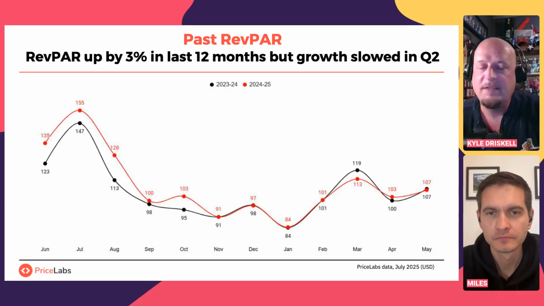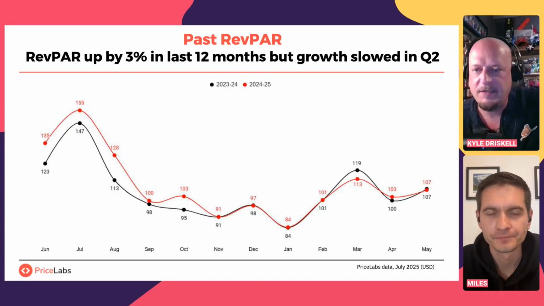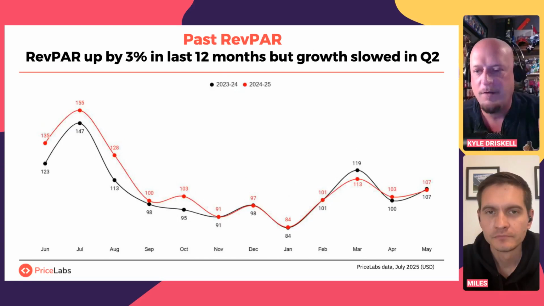That's a nice way to say, okay, I'm 50% booked, I know what my occupancy total is. But if you're 50% booked at a low rate, you would be able to compare RevPAR to your previous performance and really get a good view of the health of your account and the health of your listing.